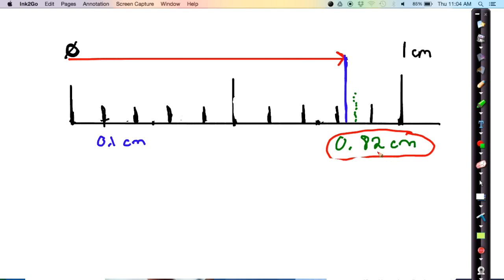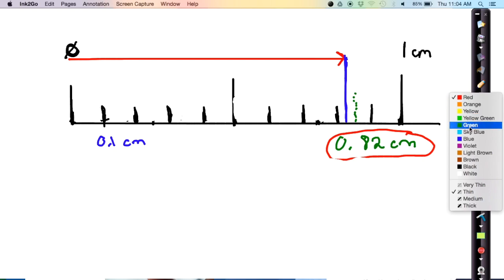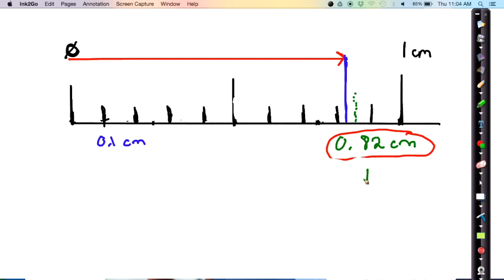So since the 2 is the value that I estimated, sometimes what we would do for uncertainty would be to add to our 0.82 centimeters plus or minus 0.01 centimeters. So that's saying that that 2 is the estimated digit. Maybe it's actually a 1, maybe it's actually a 3, but it's likely within 1/100th of the estimated value. So that would be expressing uncertainty.